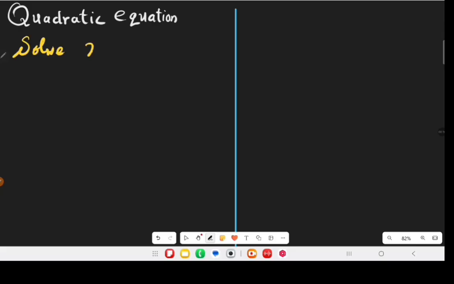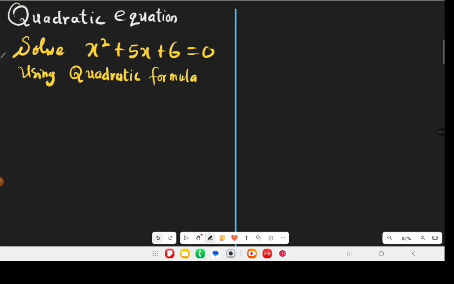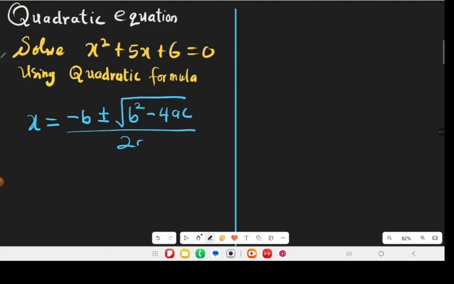Solve x squared plus 5x plus 6 equal to 0 using the quadratic formula. The quadratic formula is x equal to minus b plus or minus the square root of b squared minus 4ac, all over 2a.